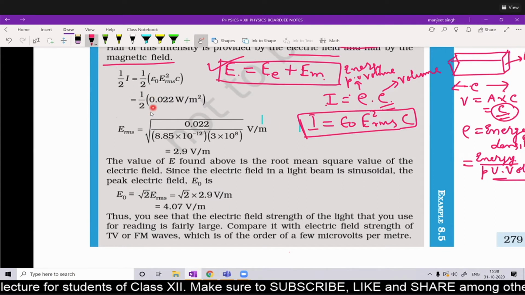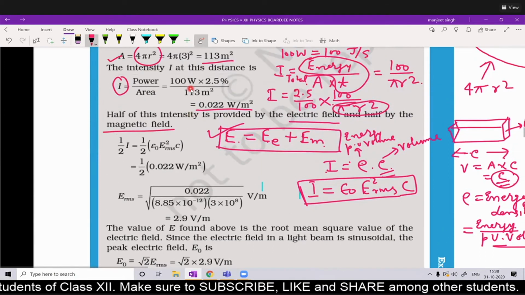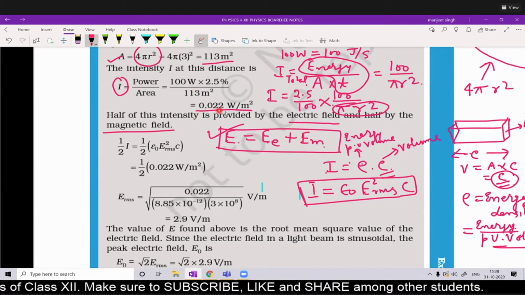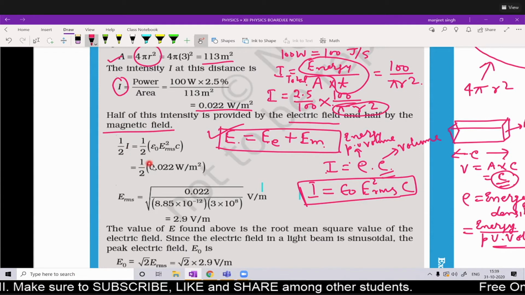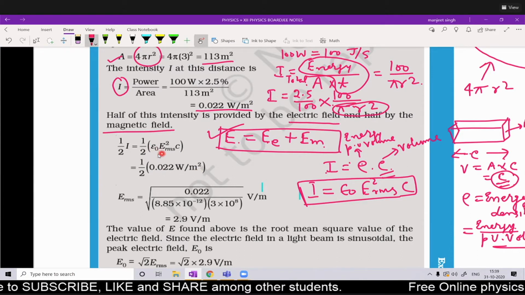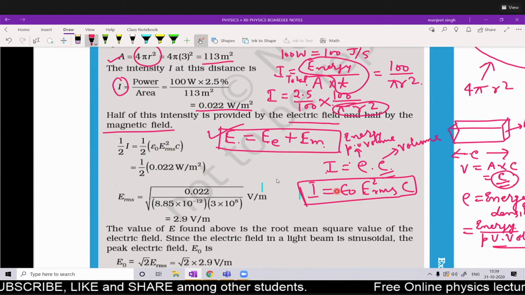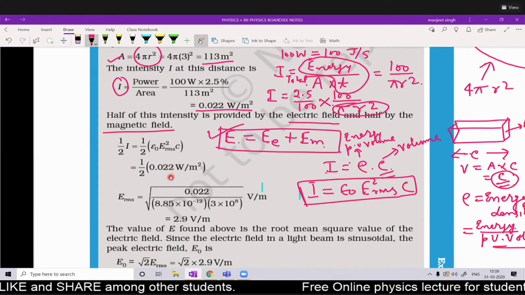The intensity we have calculated is 0.022 watt per meter square, and half of this intensity, half of 0.022, is half of epsilon 0 ERMS square into C. The formula for intensity we have substituted here.